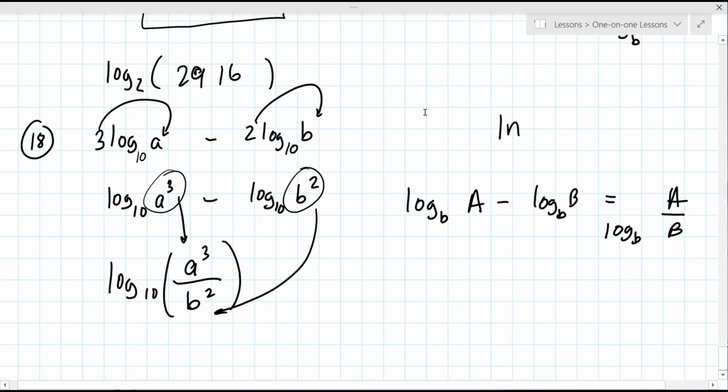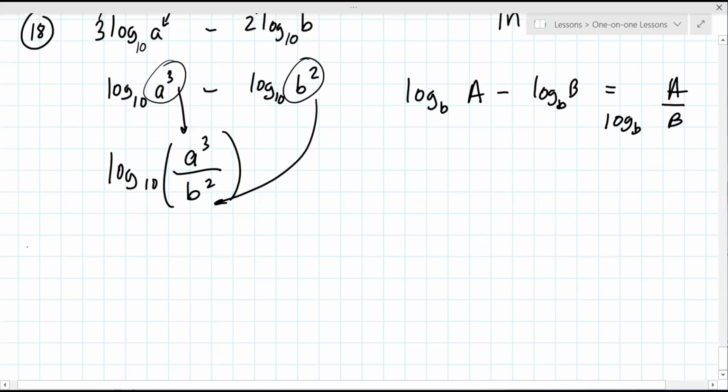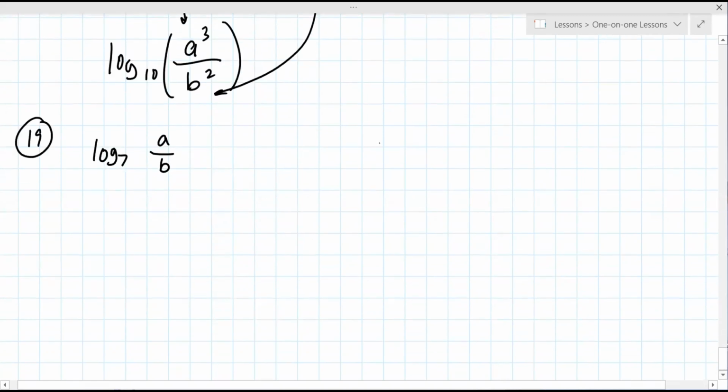Now the next two problems are expanding. So we have log base 7 of a over b. This is like a straight definition problem. It's the properties in reverse. So it doesn't matter that I'm using an uppercase letter here. It becomes log base b of a minus log base b of b. The top number comes first.